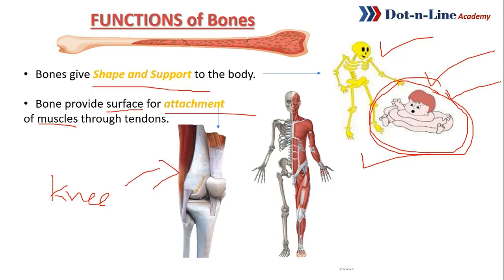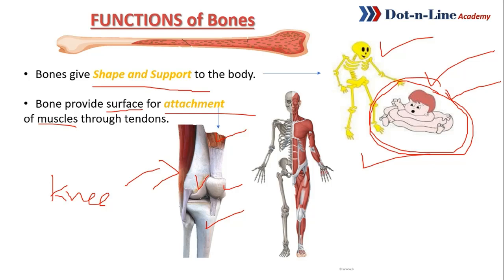For orientation, this is the patella, this is the femur, the lower end of the femur, and this is the upper end of the tibia. We are seeing it from the anterior side, a little lateral. This is the muscle called quadriceps femoris, one of its ends coming here to the patella.